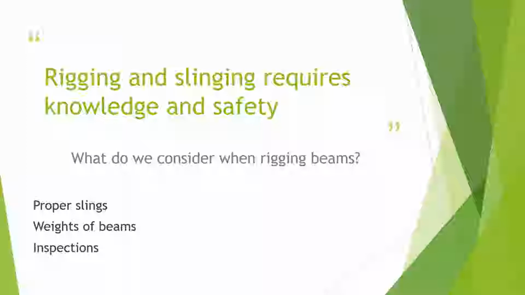So we've got to be able to apply that rigging to our beam so that it's going to be able to be lifted by a crane properly and not fall off or hurt somebody. We're going to discuss rigging a little further on in our ironworker course, but for now it's just a little introduction on how important rigging and slinging is of beams and other structural steel components.